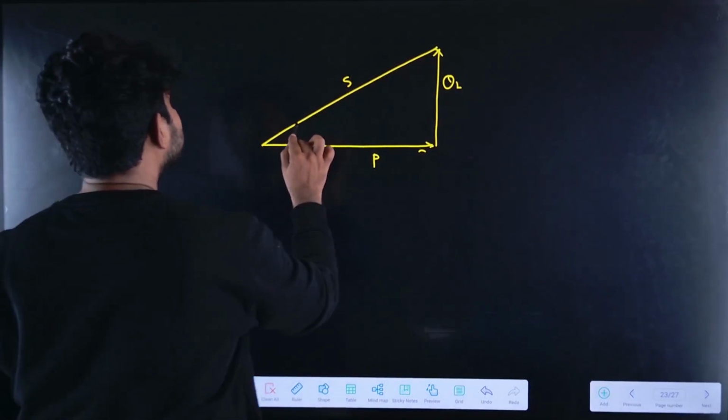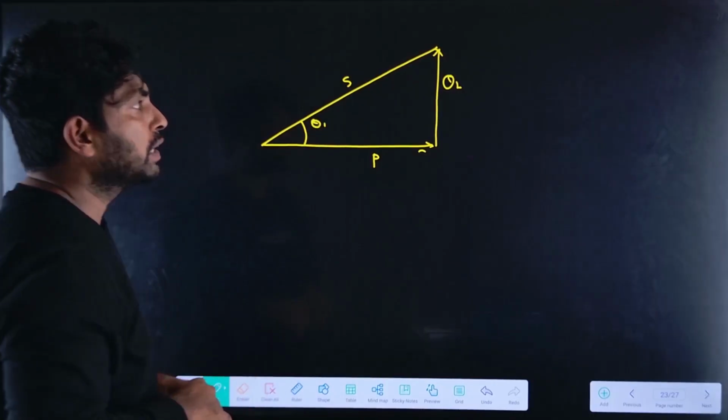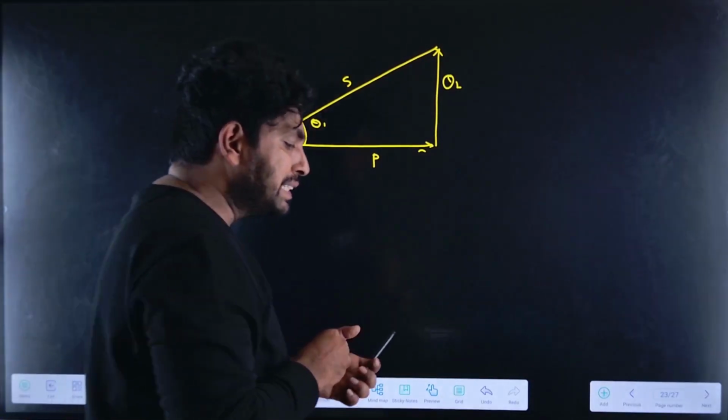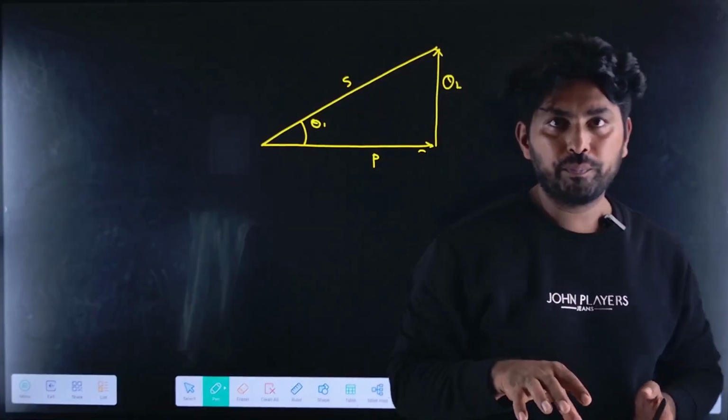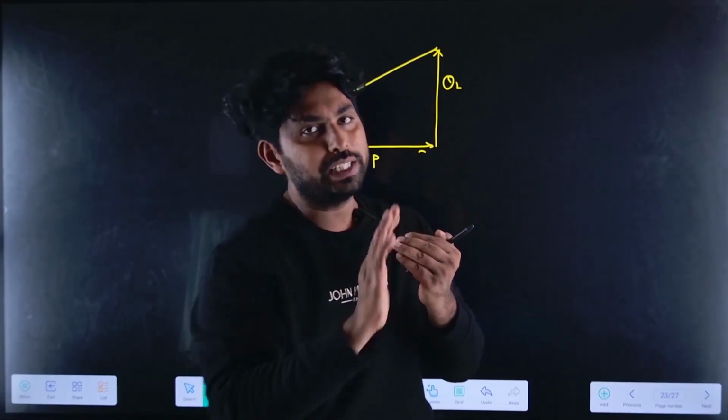The angle is theta. Let me call this theta 1. Now there is an inductive load in the circuit. The load in the single phase circuit is inductive in nature.